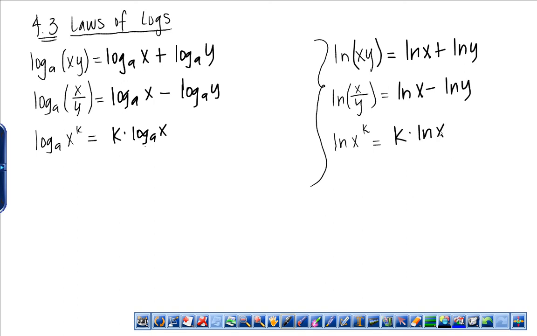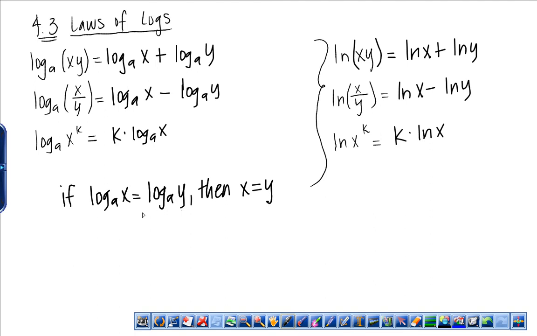And again, like I said, these are things that you need to memorize so that you can use them in solving your equations. Okay, and here's a little statement. It's kind of a duh statement, I think. If log base A of x is equal to log base A of y, then I can safely say that x is equal to y.